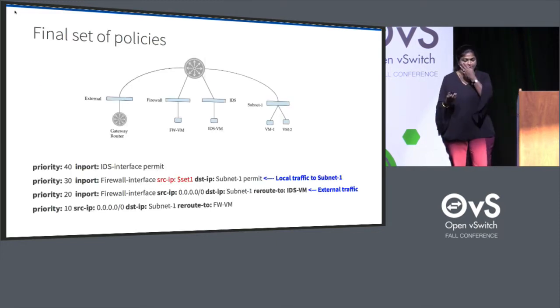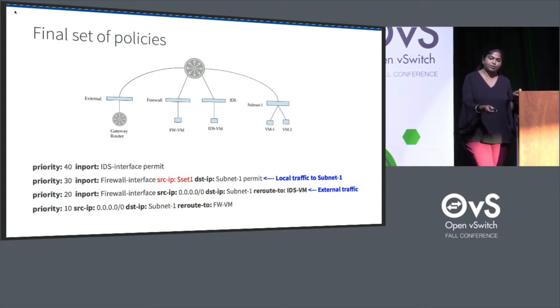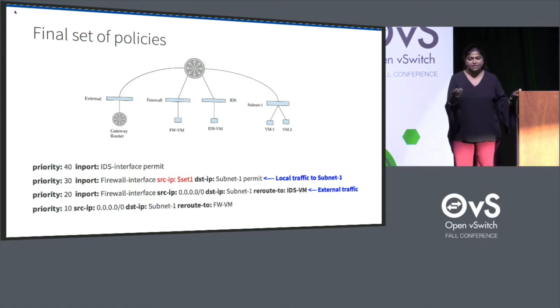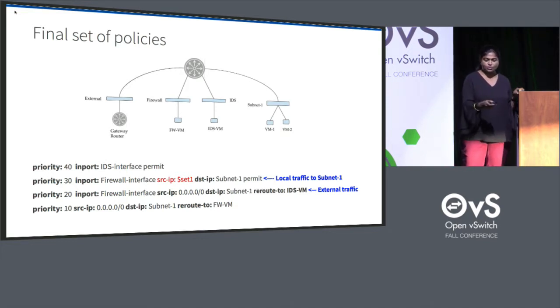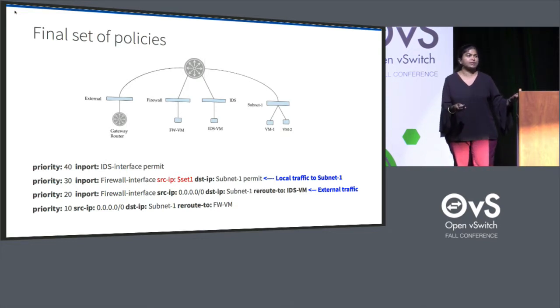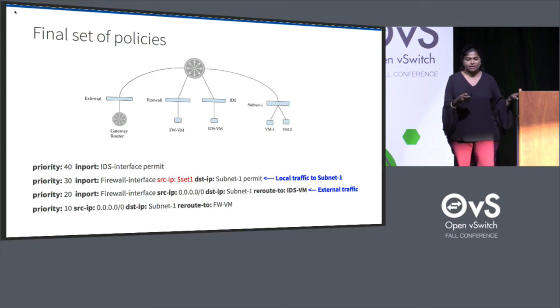So if we had a construct that could bring those multiple prefixes together, I could have written my policies this way to achieve the functionality that we talked about. So the lowest priority policy here would be source IP any, and destination subnet 1, reroute to the firewall VM. The next policy defines how the packet has to be handled when it comes from the firewall interface.